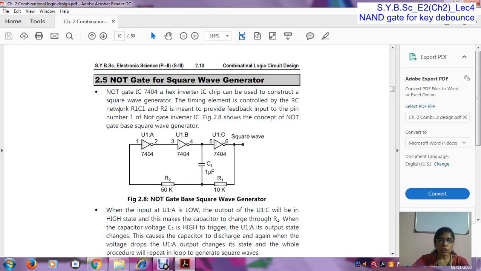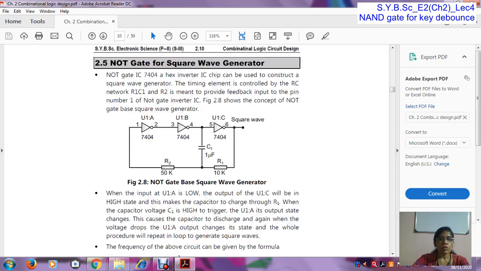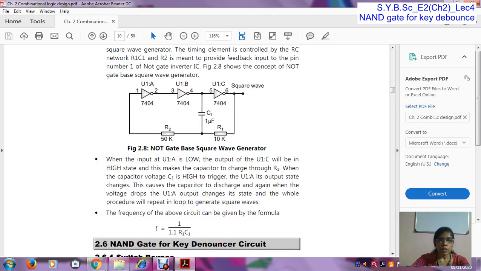The basic function of a NOT gate is to invert. If you give a 0 input, it gives a 1 output. If you give a 1 input, it gives a 0 output. So when the input of NOT gate 1 is low, low meaning 0, the output of this NOT gate is 1.